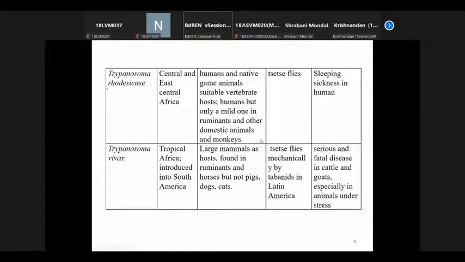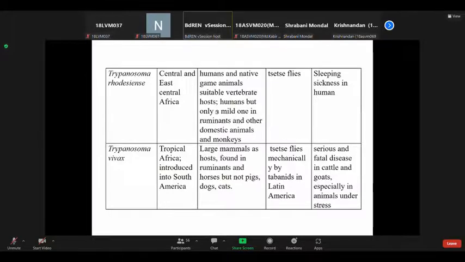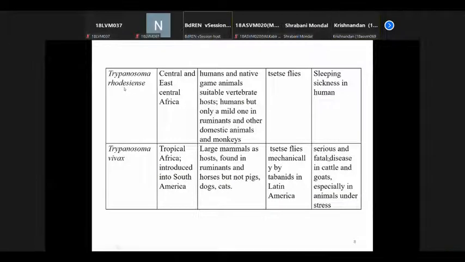Next genus, Trypanosoma rhodesiense. This species causes sleeping sickness in humans, transmitted by the tsetse fly. Humans and native game animals are vertebrate hosts, but only a mild infection in ruminants, with other domestic animals and monkeys. So a number of hosts, including humans. Rhodesiense is also named according to the place of origin, Rhodesia. And Trypanosoma vivax.